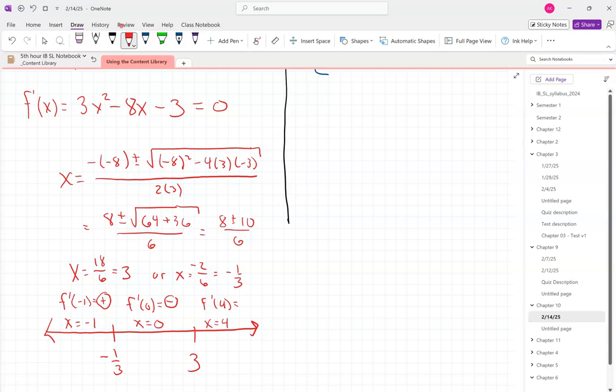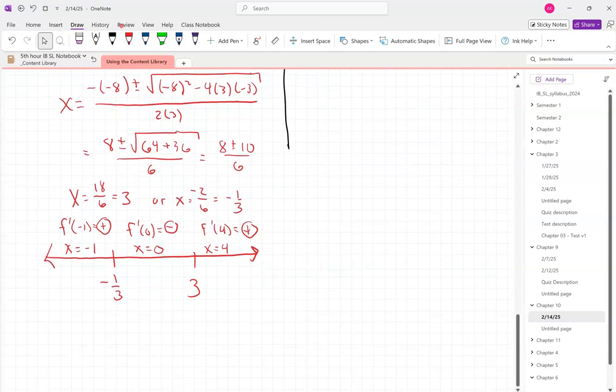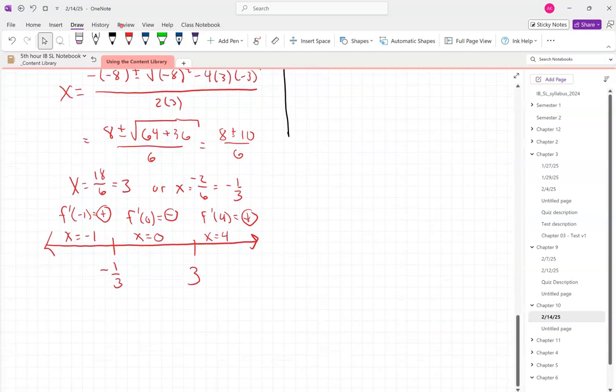If I plug 4 in, I'm going to have 48 minus 32 minus 3, which is also positive. So negative 1/3 goes from positive to negative, so that's a local max. Positive 3 goes from negative to positive, so that's a local min.